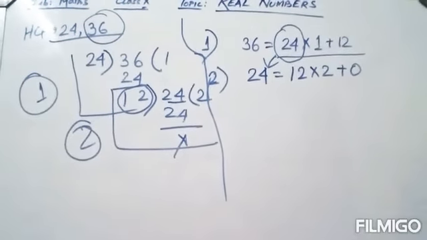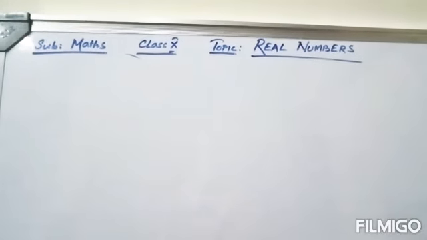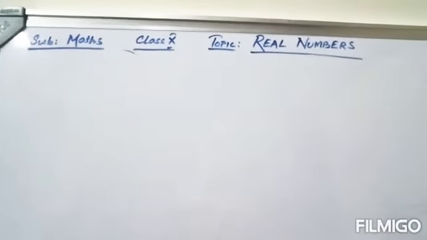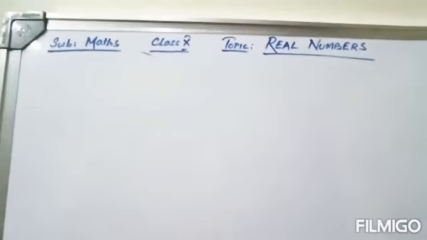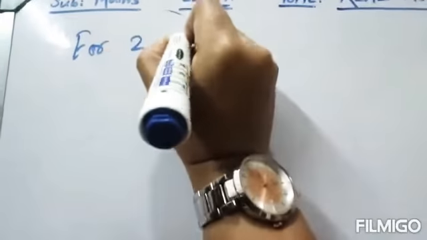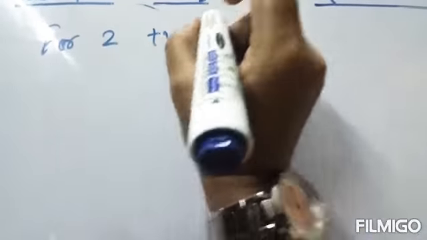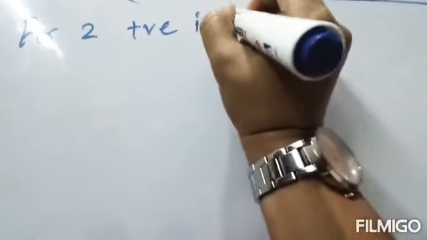Let's see. If we state Euclid's division algorithm to obtain the HCF of two positive integers, what will we write? For two positive integers, see, I am writing positive in this way, but don't write this in your exam, okay?